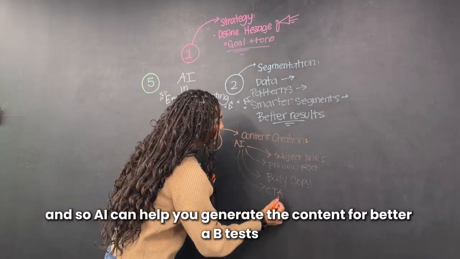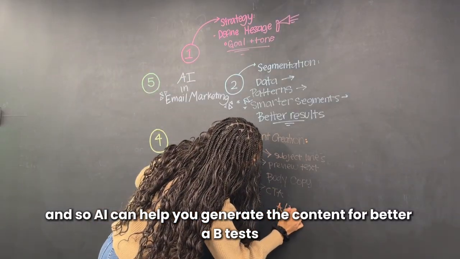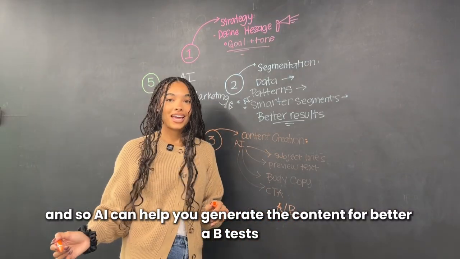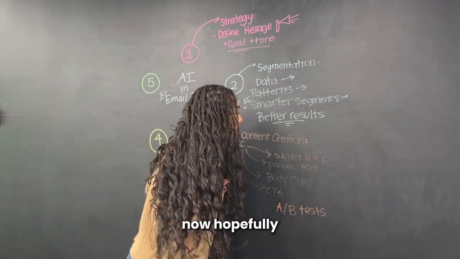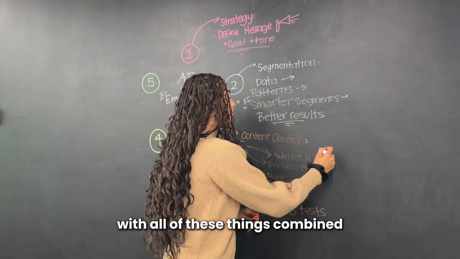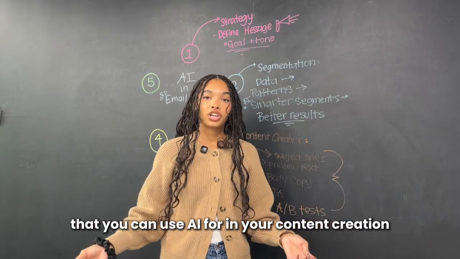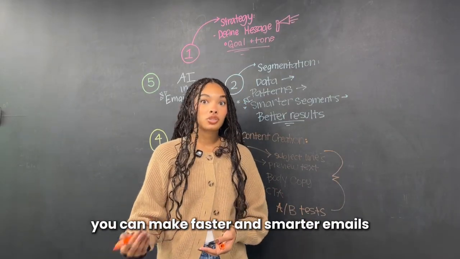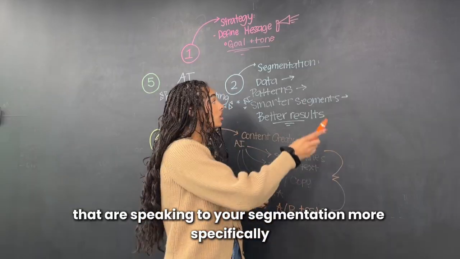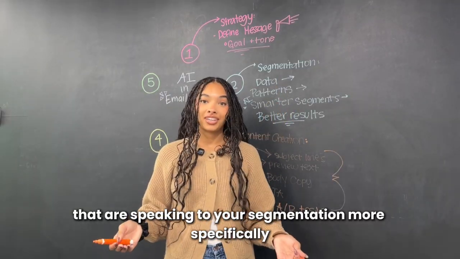And so AI can help you generate the content for better A/B tests. Now, hopefully, with all of these things combined that you can use AI for in your content creation, you can make faster and smarter emails that are speaking to your segmentation more specifically.